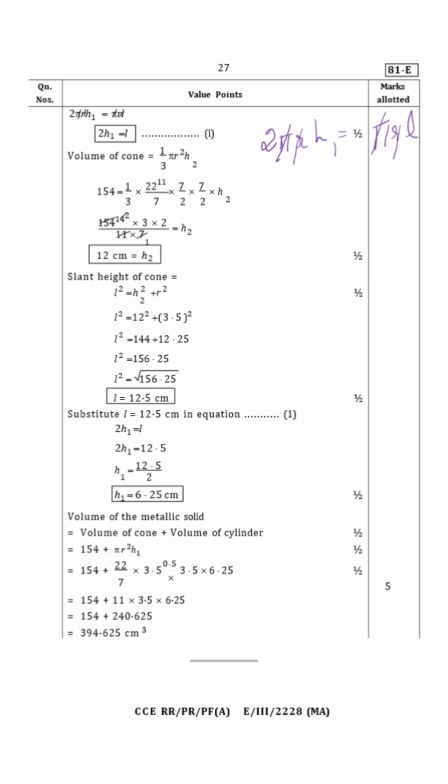Volume of the cone is 1 by 3 pi r square h2. It is given that volume of the cone is equal to 154. 154 is equal to 1 by 3 into 22 by 7 into radius 7 by 2 square into h2. Here 7 and 7 get cancelled.